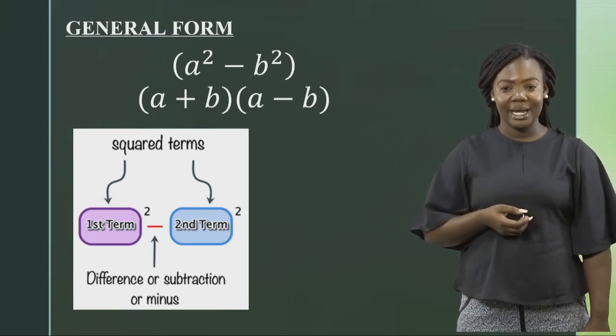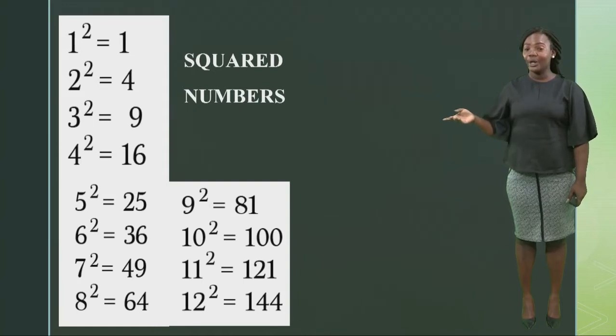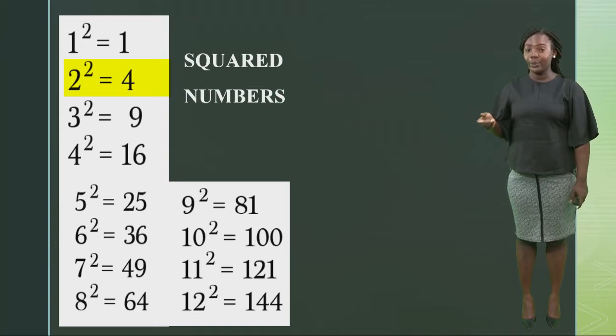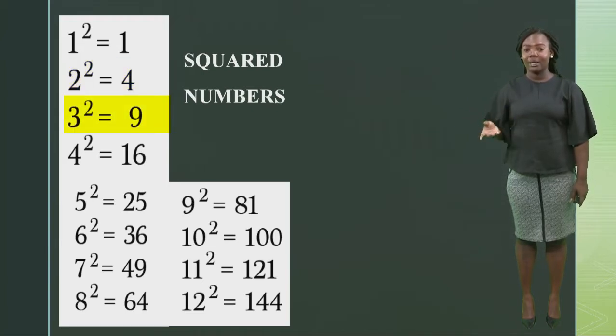Let's continue our lesson. Now what I have here on the screen is some squared numbers. So if we square 1, we are going to get the same thing, 1. If we square 2, we're going to get 4, 3, 9, and so on. But do you know exactly what it means to square a number?